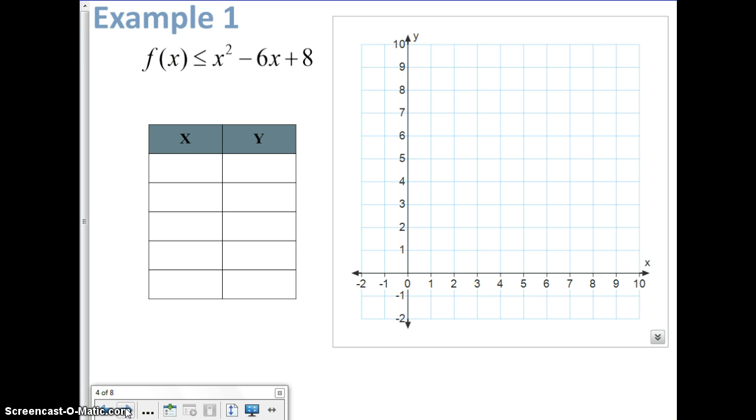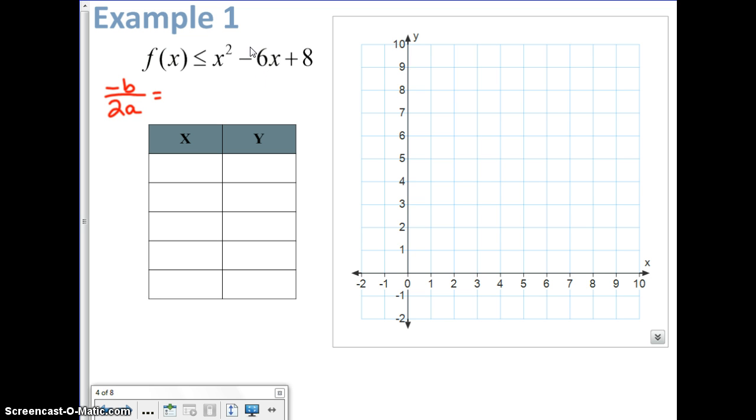Remember that when we are graphing a quadratic equation, we need to find the vertex. Now, if it's in vertex form, it's like, hey, here I am on a silver platter. However, in the form that's on the screen right now, this is standard form. So remember, in order to find the x value of the vertex, you need to use negative b over 2a. Now b in this problem is negative 6.